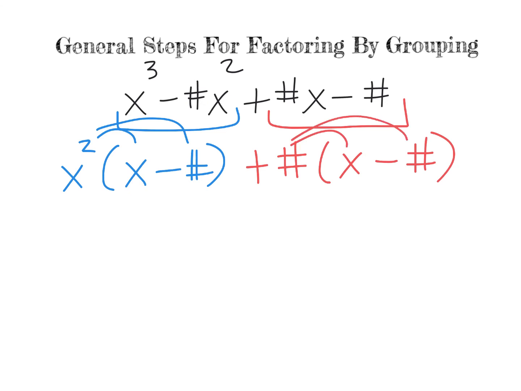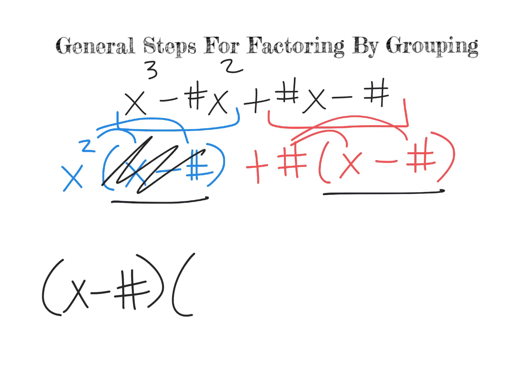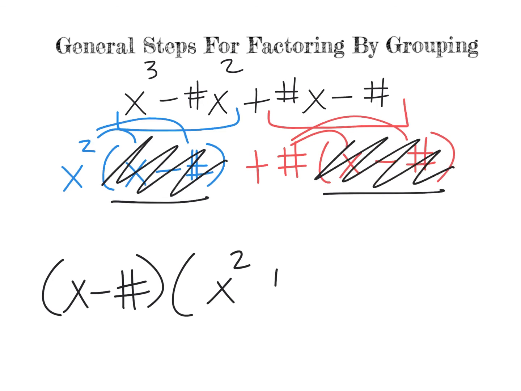Notice how these two groups now share the parentheses in common, and that's what I'm going to pull out in the end. That's my first factor. When I pull it out, I'm left with an x squared, and on the back, I'm left with an x, or a number of some sort. Now, this is all going to vary, because it can have an x, it can have a 2x squared, it could have numbers, it could be anything.